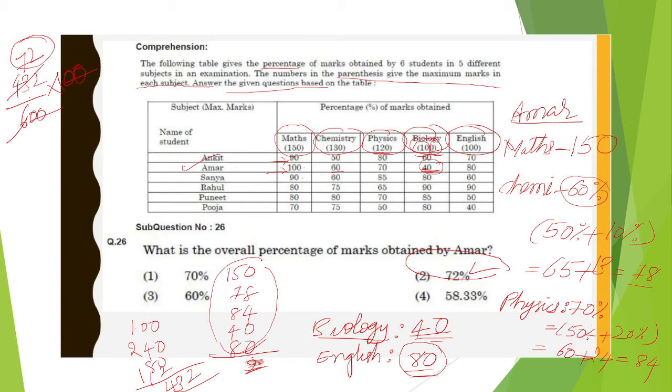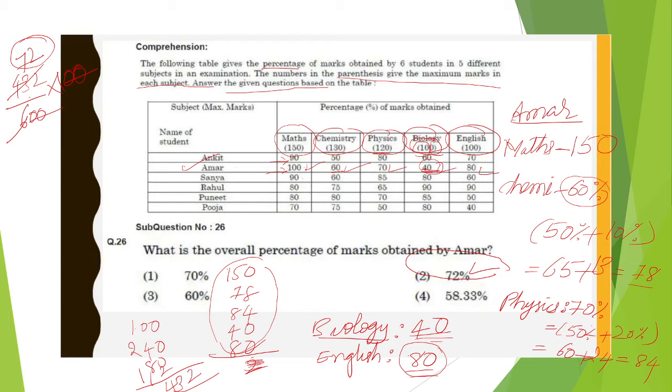Generally, students will make a mistake here. What mistake will they make? They will add all these percentages and divide by the total marks, and they will get some other answer. But we have to carefully see these are not marks. These are just percentage of marks out of the given marks.